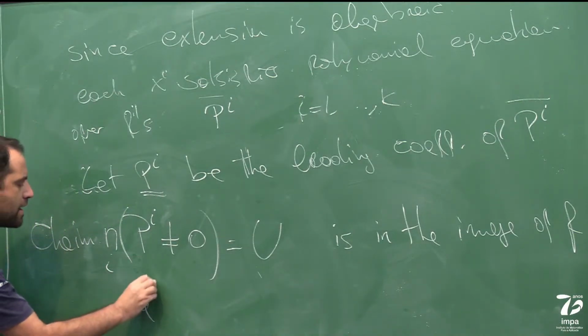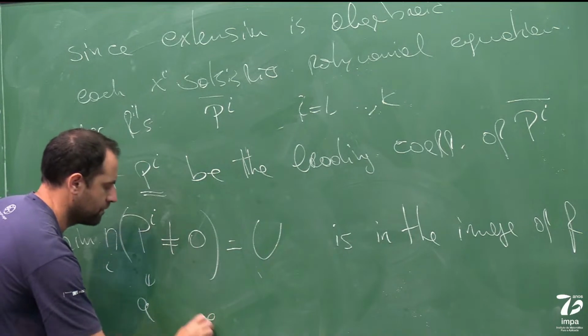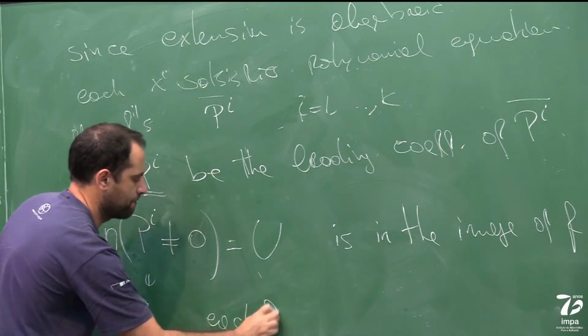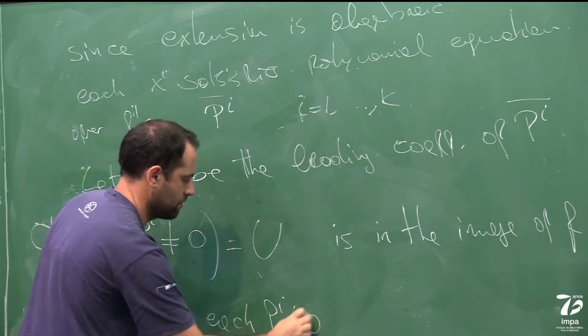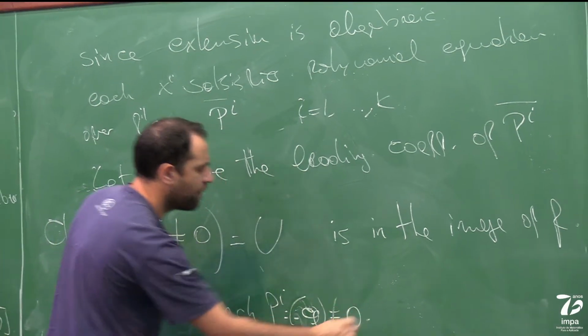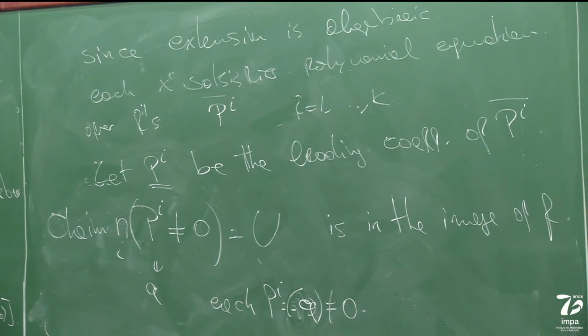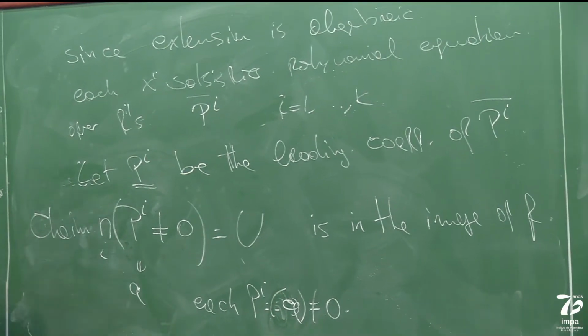Let's say you have some a inside of here. So each one of these pi's is non-zero, so pi of a is non-zero.